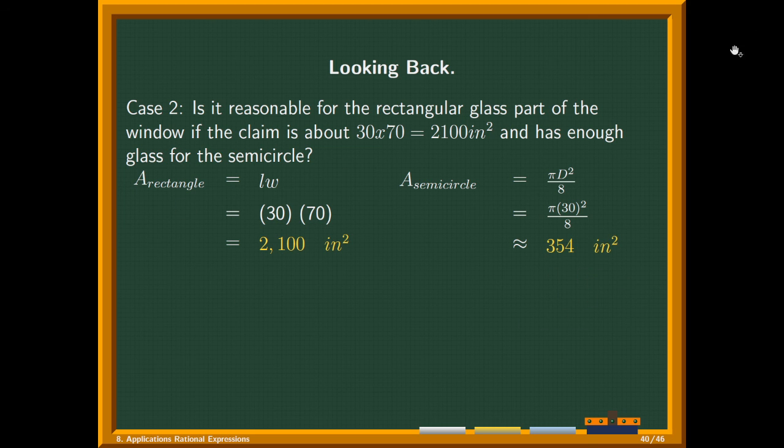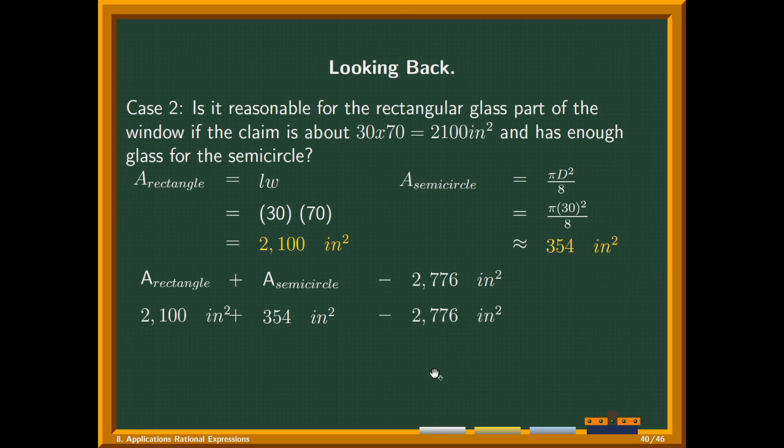So let us try to answer this second case. The area of the rectangle plus the area of the semicircle minus the given raw glass material of 2,776 square inches. We have 2,100 square inches plus the approximate value 354 square inches minus 2,776.